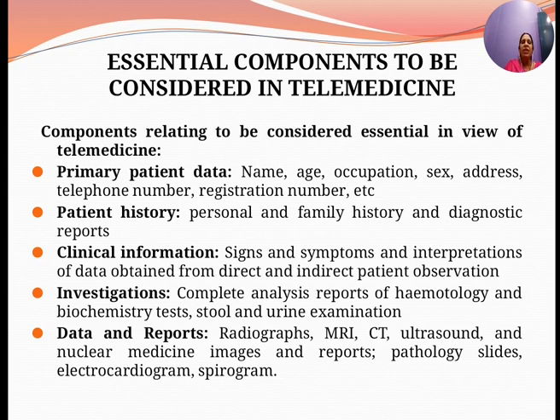When the treatment has started, what are the signs and symptoms? Is there any decrease in the suffering of the patient, or is there any change in the state of the patient that is being interpreted. So that is all clinical information.